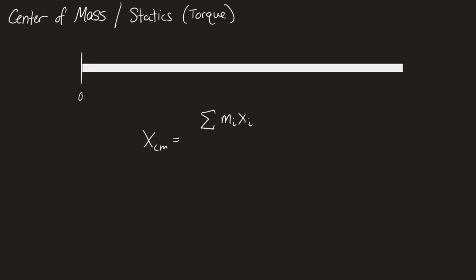We start with the first piece and end with the last piece. The last piece would be whatever number of pieces you break it up into. We then divide by the total mass.